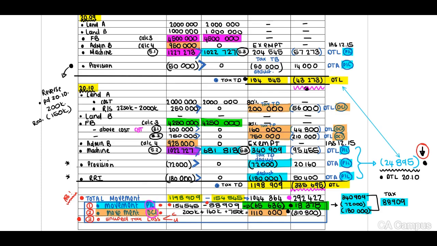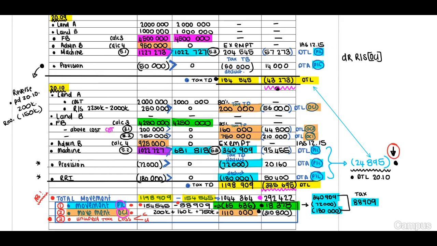Therefore, our journal entry will be to debit our revaluation surplus in our OCI. Just move the screen a little bit.